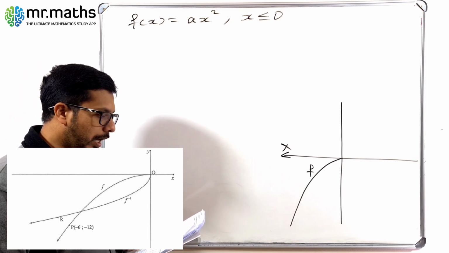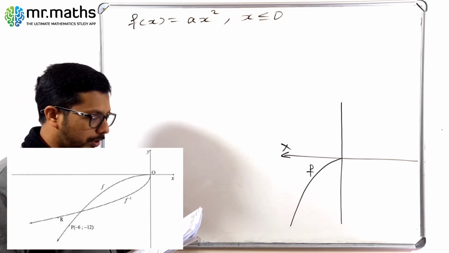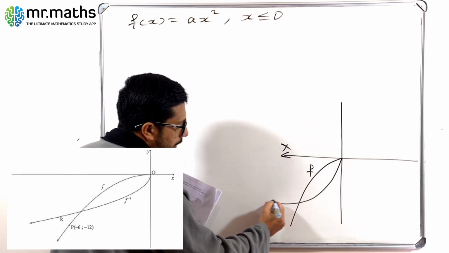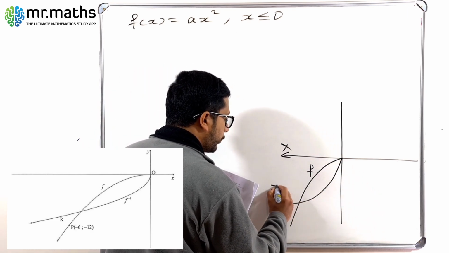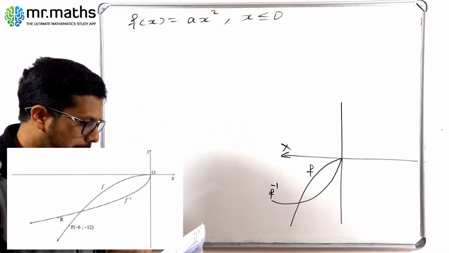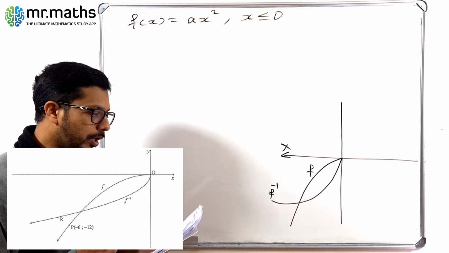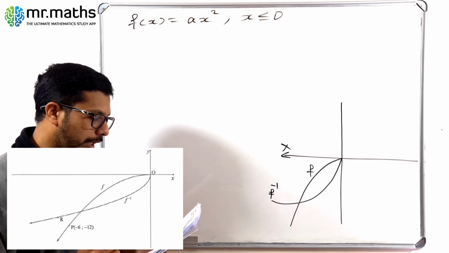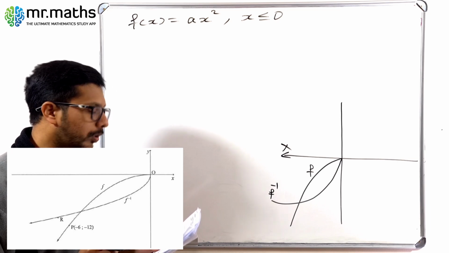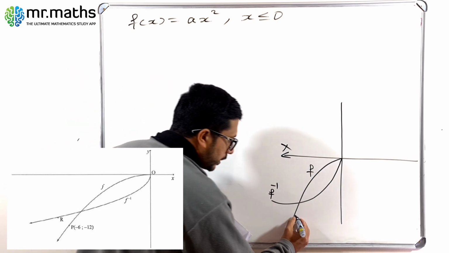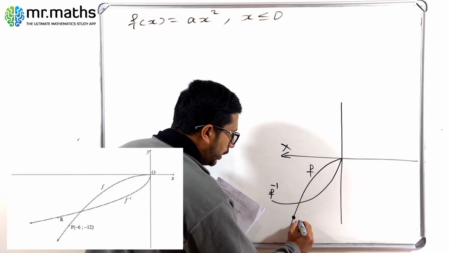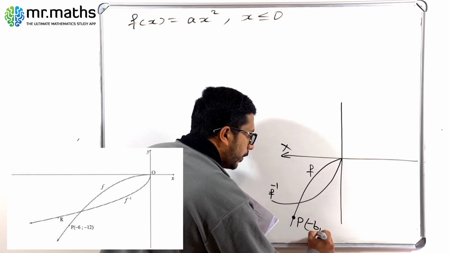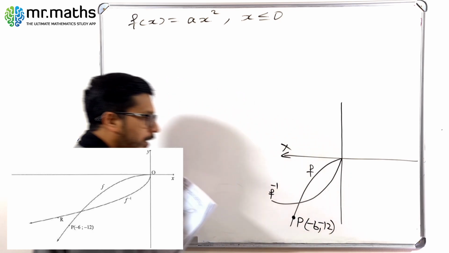Now, the graph of f inverse is also drawn. So, there is another graph drawn here like this, and that is the f inverse graph. P(-6, -12) is a point on f and R is a point on f inverse. So on this f graph there is a point here and that is P. What is the coordinate of that point? Minus 6 comma minus 12.